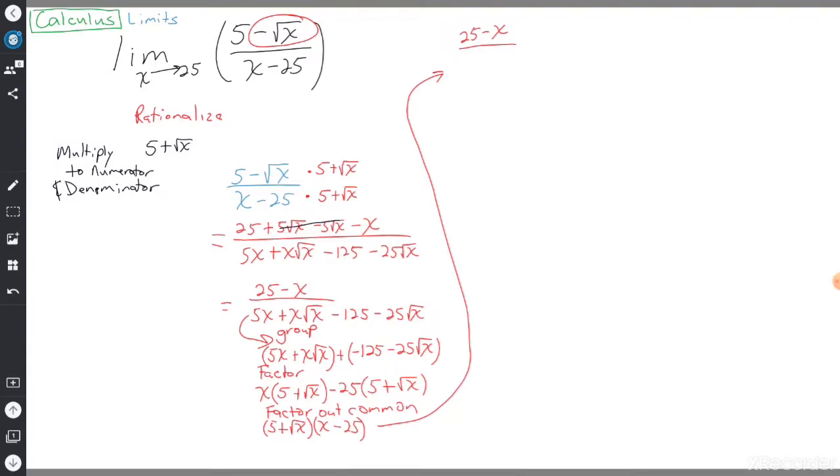The denominator now is 5 plus square root of x times x minus 25. Now let's take the numerator and write it with our x term first, which is negative x plus 25.